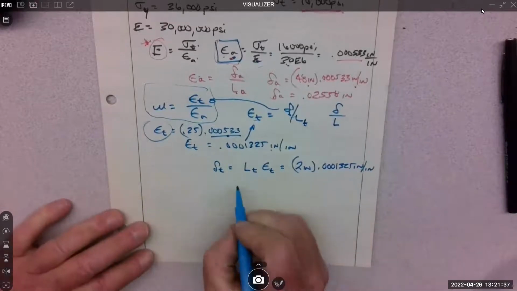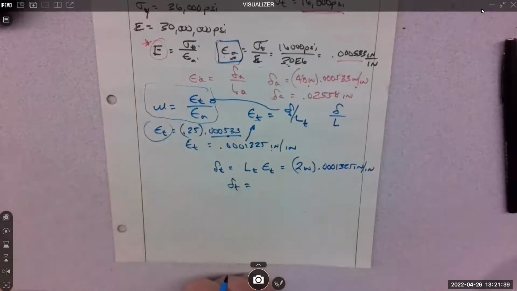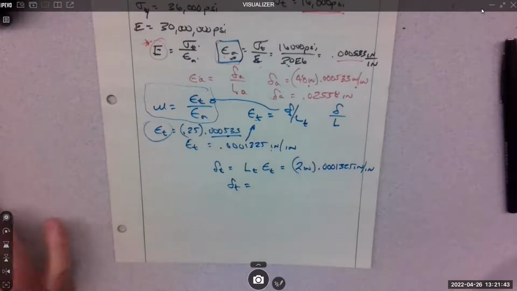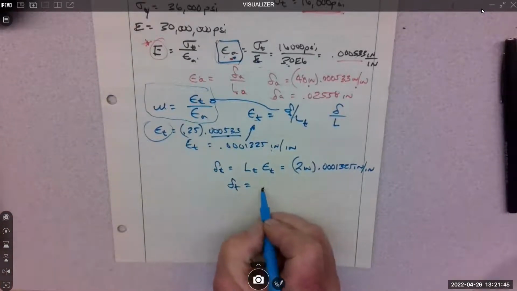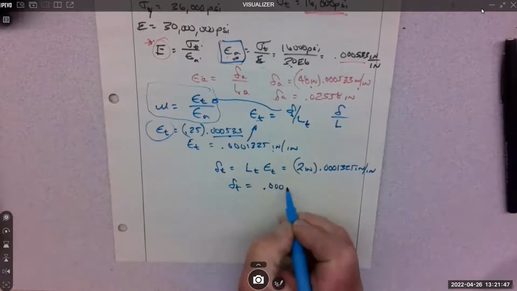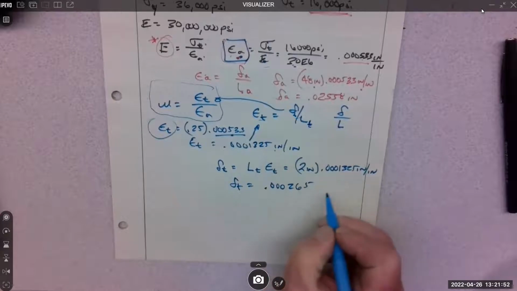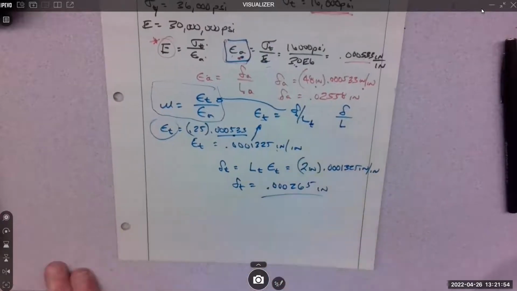All right, so then delta T equals 2 times 0.000265. Is that what you got? Yeah, that's rounding for sure.